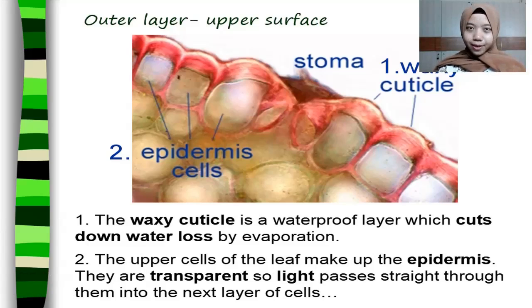The waxy cuticle is a waterproof layer which cuts down water loss by evaporation. The upper cells of the leaf make up the epidermis. They are transparent, so light passes right through them into the next layer of cells.